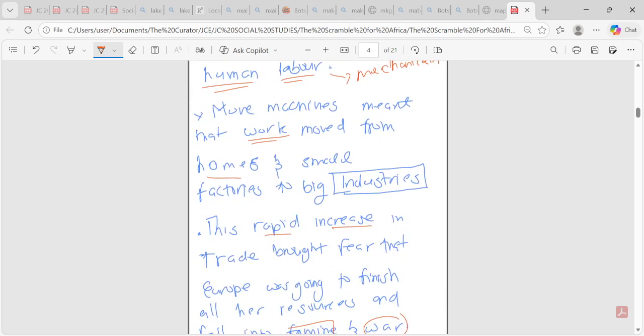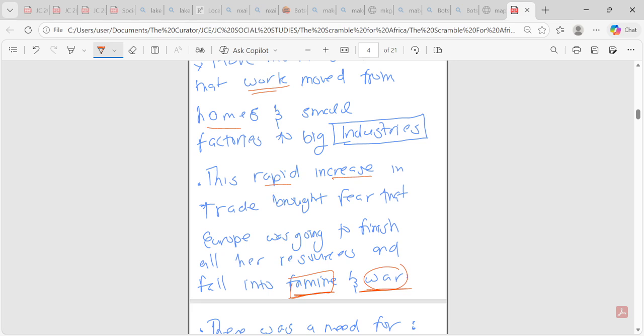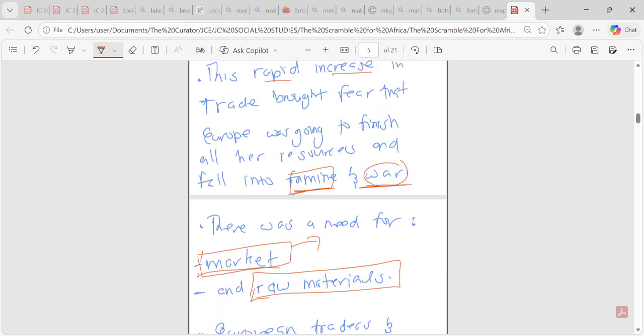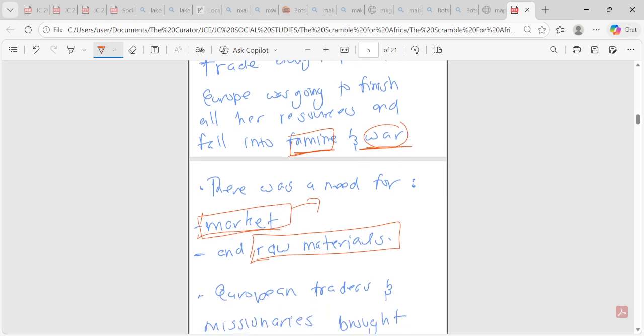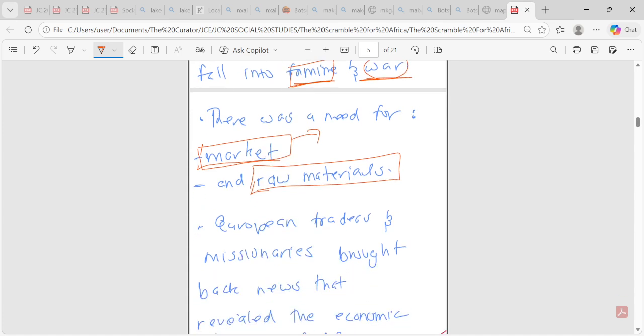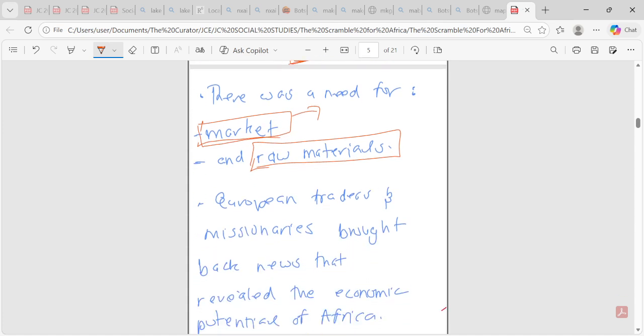These machines meant that there was now the establishment of big industries which could carry out trade on a very massive scale, and this led to an increase in trade, which led to fear of famine and war due to a severe lack of resources. These countries looked to the outside. They saw Africa.